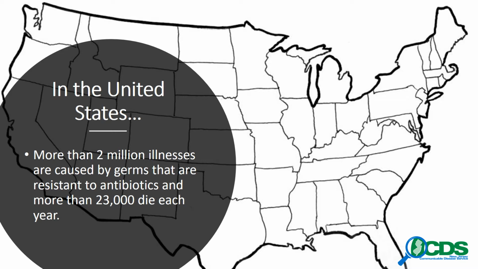Antibiotic resistance has a significant impact on the United States healthcare system, being responsible for more than 2 million illnesses and 23,000 deaths each year. In 2015, the White House released a comprehensive national action plan for combating antibiotic-resistant bacteria.